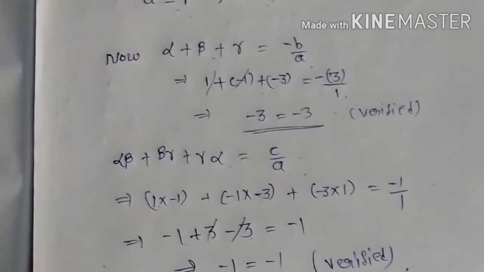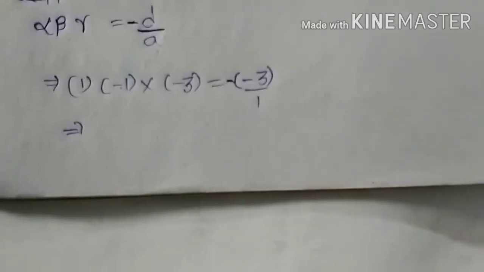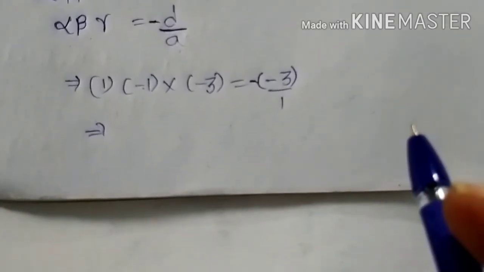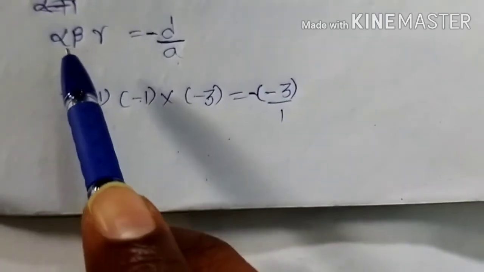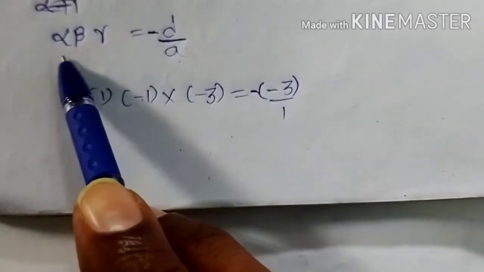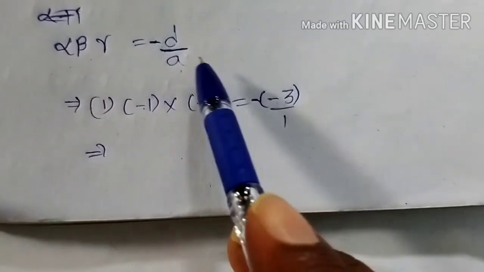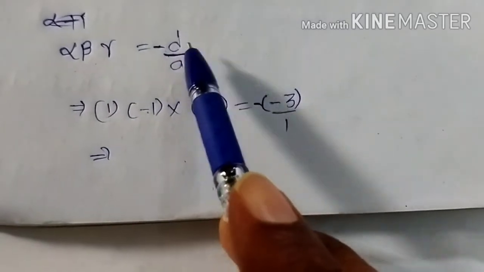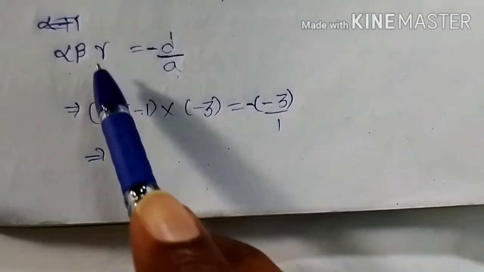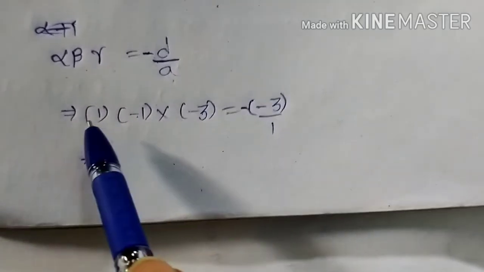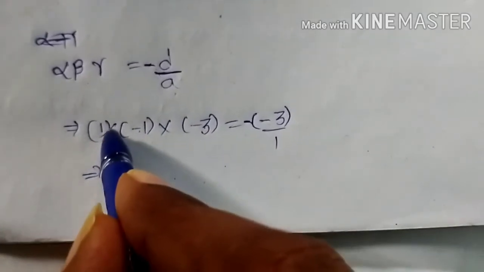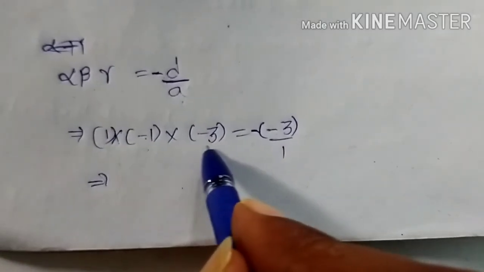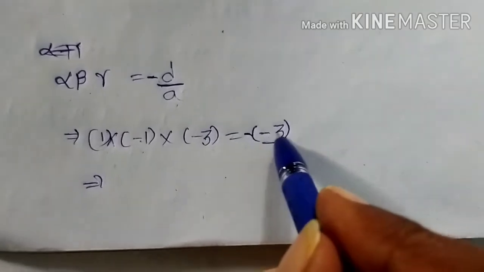You need to find the third relationship. Now you can see a third relationship between zeros and coefficients of the polynomials. Here alpha beta gamma, that means the product of zeros, is equal to minus d by a. Alpha is 1, beta minus 1, gamma minus 3. That means 1 into minus 1 into minus 3 is equal to minus d by a.